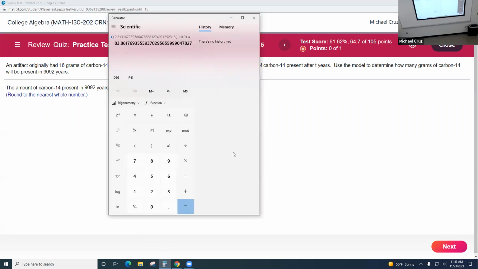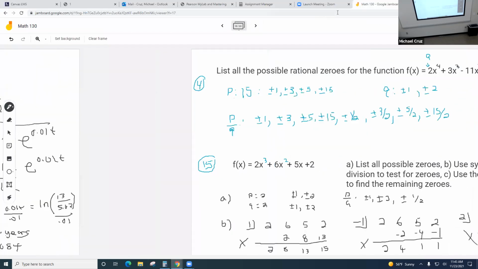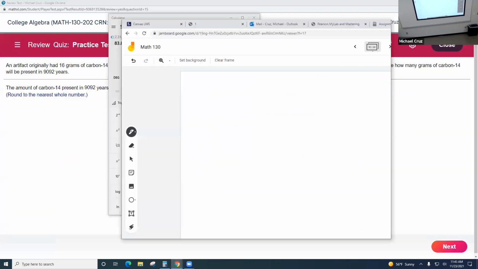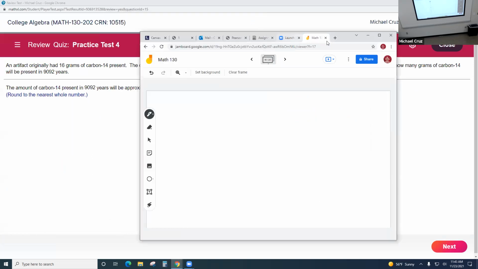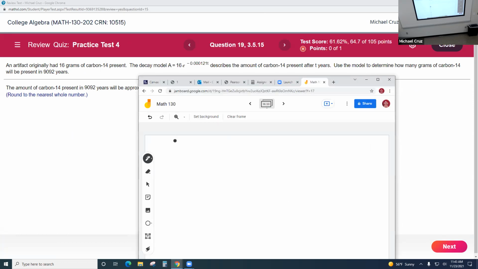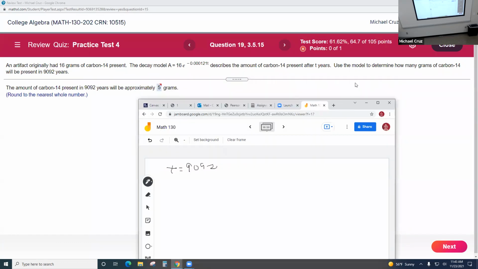All right, so if I'm not mistaken, this is pretty simple, straightforward. Let me write down the values. All right, and so the amount, $16.